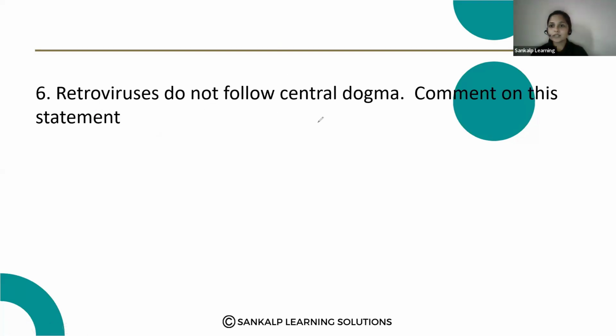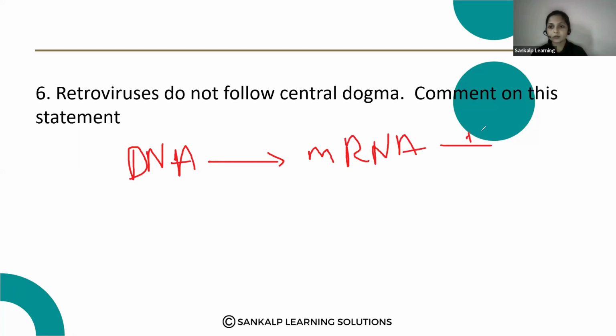Retroviruses do not follow the central dogma. Comment on this statement. You know the central dogma of molecular biology: DNA is transcribed into mRNA, and mRNA is translated into protein. This is the rule of the central dogma.